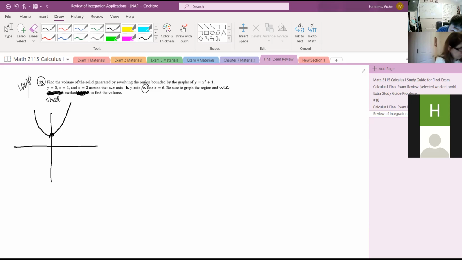Okay, so then from 1 to 2 on the x-axis, so 1 and 2 being here and here, let's say, we're interested in this region here, right? Between y equals 0, which is the x-axis, right? That's here. So we're interested in that region there underneath the curve, but above the axis. But then much further down the line, we need to look at the line x equals 6. So I'll put that over here.